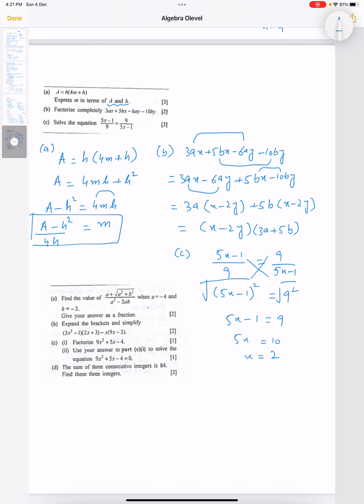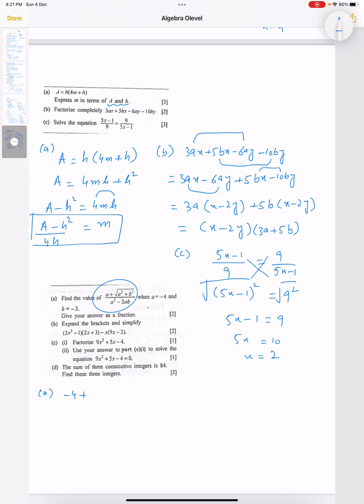question. Find the value of this expression a plus under root a square plus b square over a square minus 2b. We have the values. Let's put these values. Since I have shortage of space, let's put these values directly.